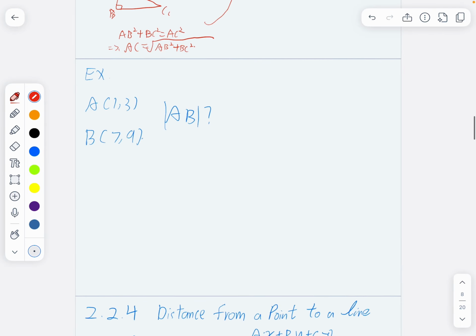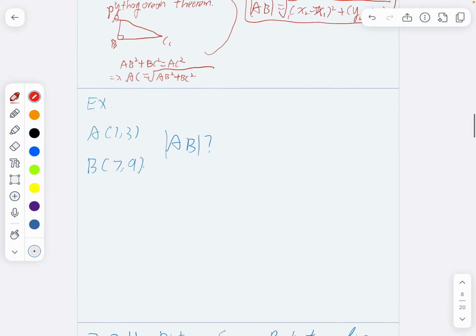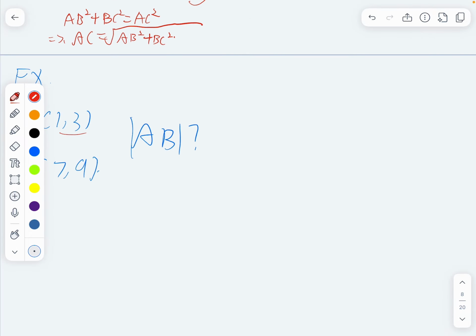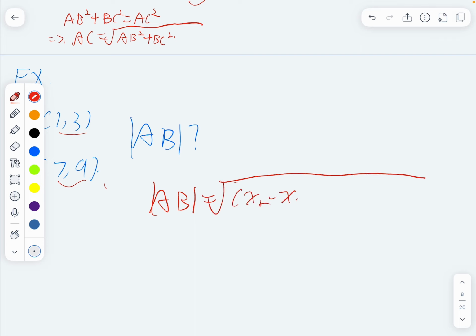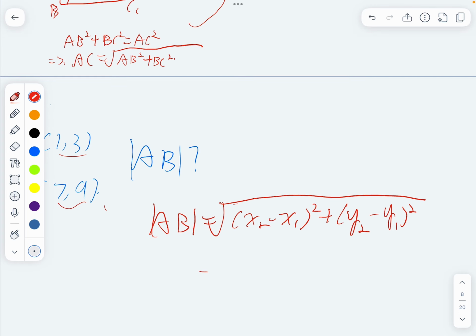Let's see the problem. For the A point and the B point, we just write the formula here first. AB equals the square root of (x2 minus x1) squared plus (y2 minus y1) squared.